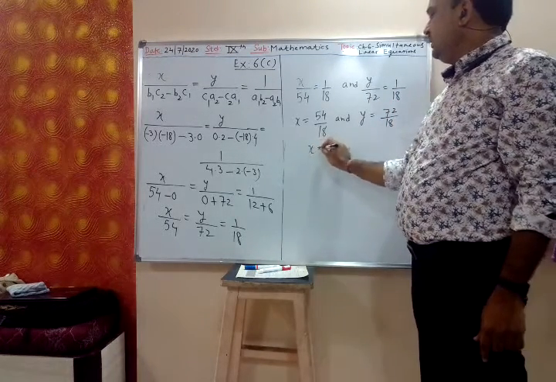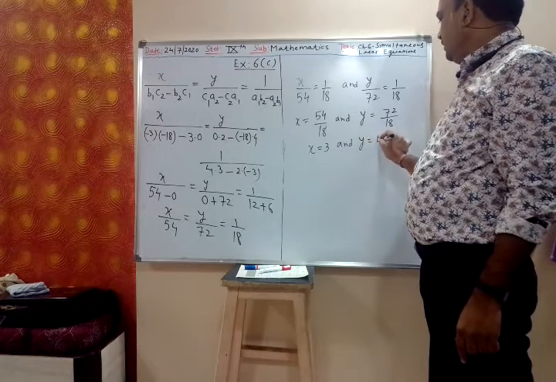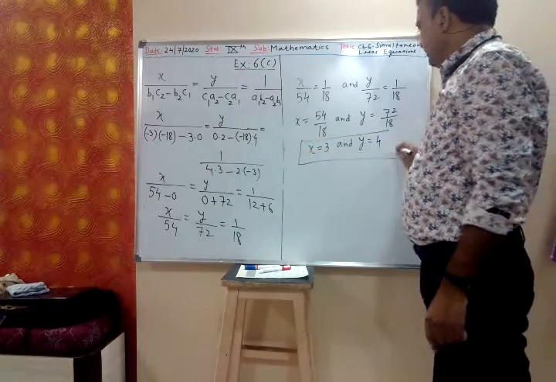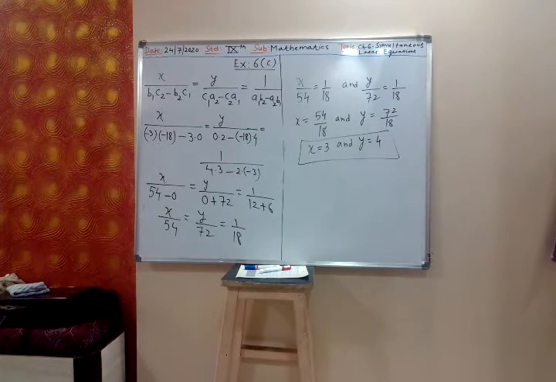So X is equal to 3 and Y is equal to 4. This is the answer by the cross multiplication method: X is 3 and Y is 4.